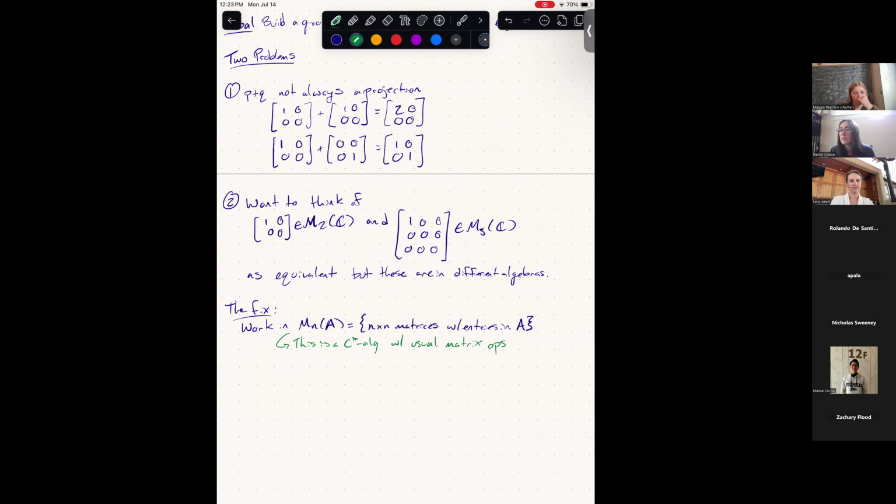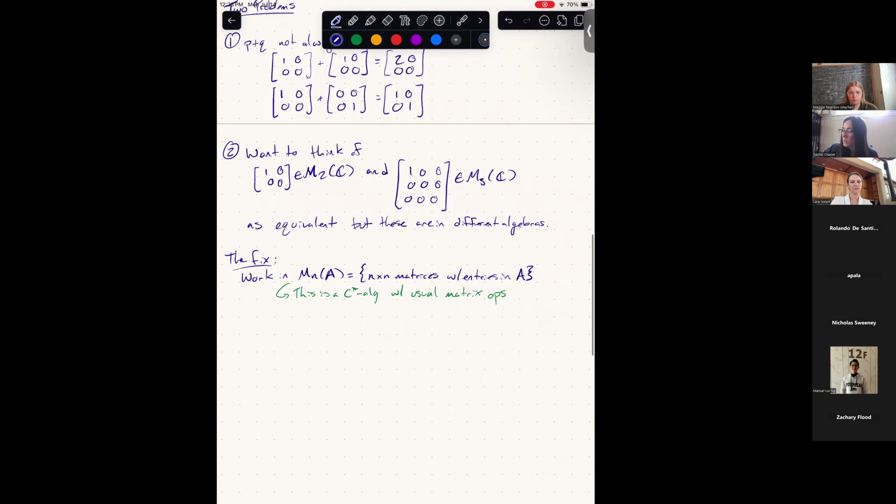When you do any of those operations, your entries come from A, so it refers back to the operations from your C-star algebra. There's a norm on this that makes it a C-star algebra, and the technical details work out, but they're not particularly interesting for what we're going to do. So this is what we're going to do: work over matrix amplifications of our C-star algebra.